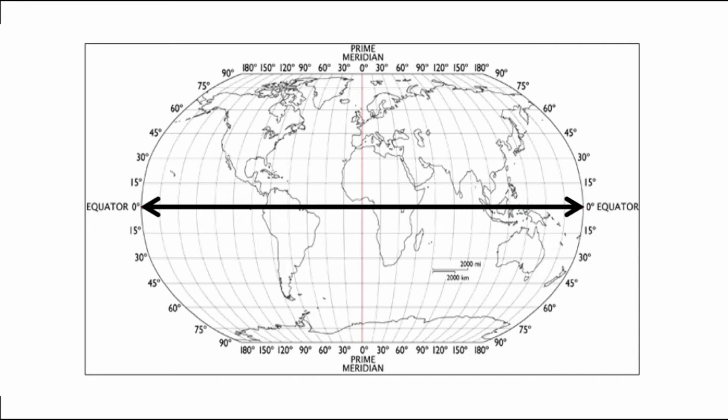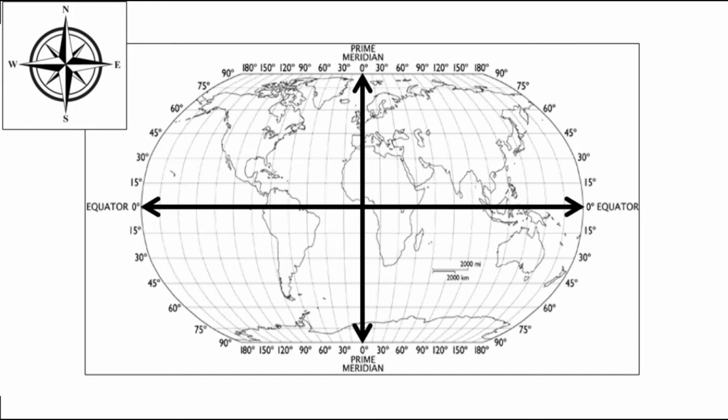Also, you're going to need to know that this line is called the prime meridian. Now, I know we've talked about this before, and this is just a review, but make sure you understand what each of these map elements is, because you're going to need to get to coordinates.